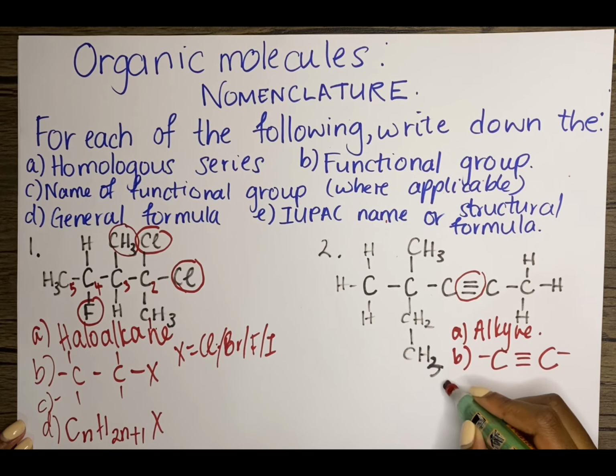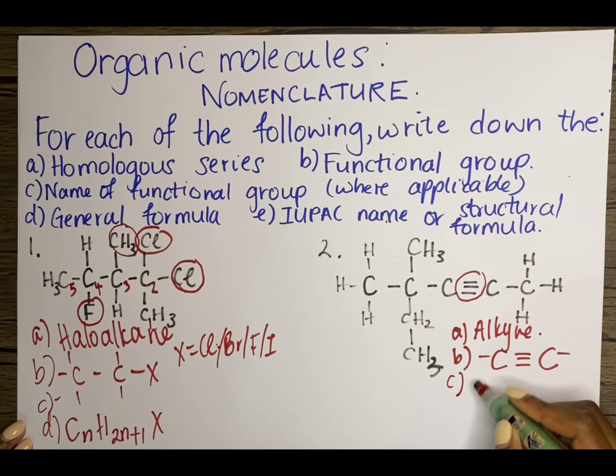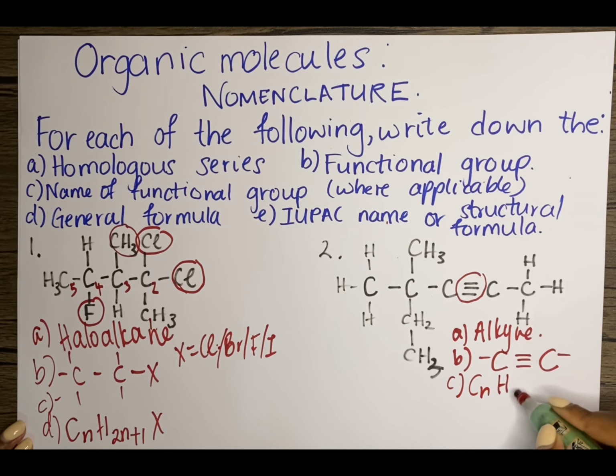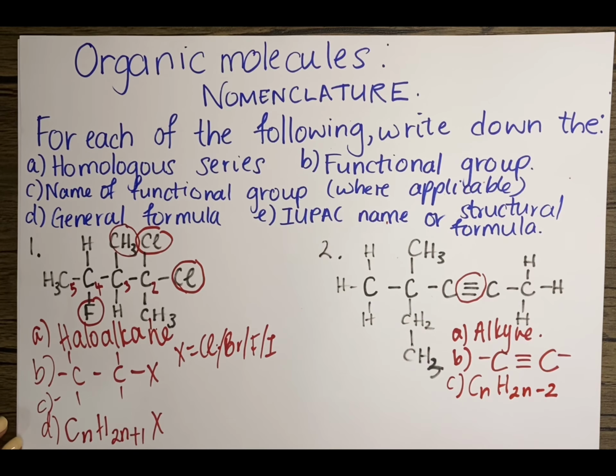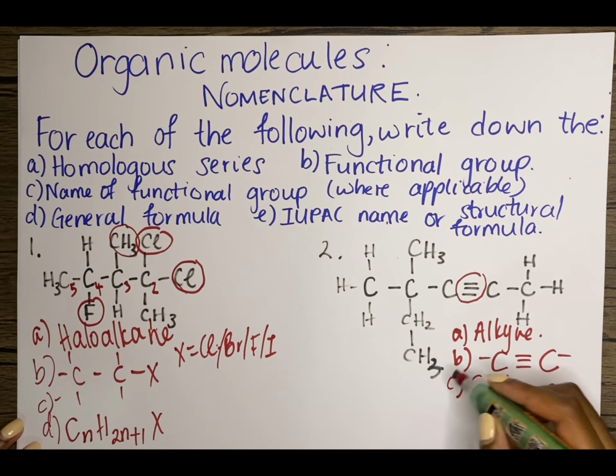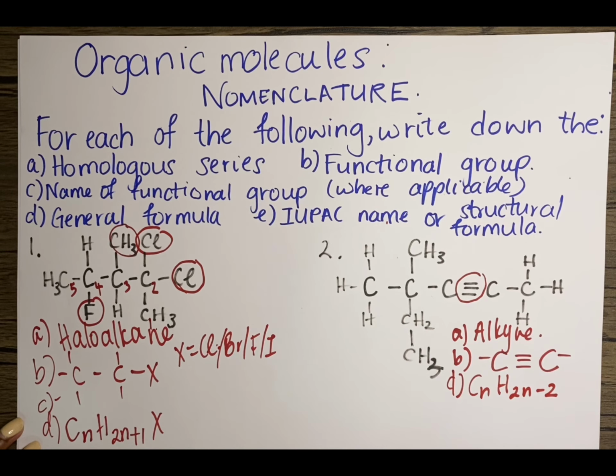So the general formula is CnH2n minus 2, right? And then this is actually D.